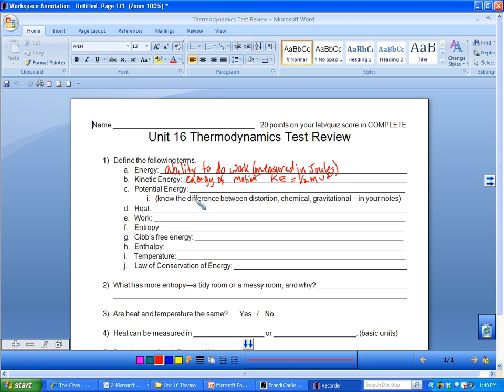We can talk about the potential energy of distortion, which would be a rubber band or a spring, a compressed spring, a stretched rubber band, or a stretched or compressed spring.